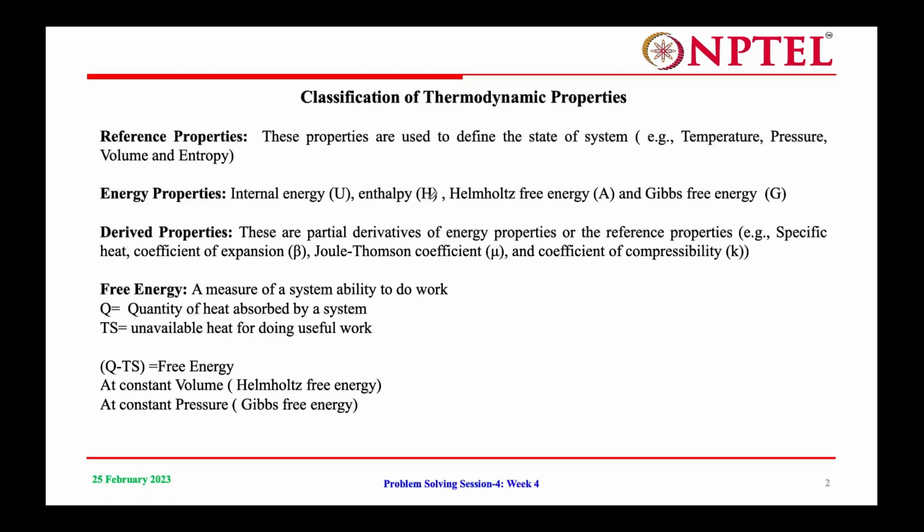Internal energy and enthalpy we studied in previous sessions, so we will study Helmholtz free energy and Gibbs free energy in this session. Derived properties are partial derivatives of energy properties and reference properties, such as specific heat, coefficient of expansion, Joule-Thomson coefficient, and coefficient of compressibility.